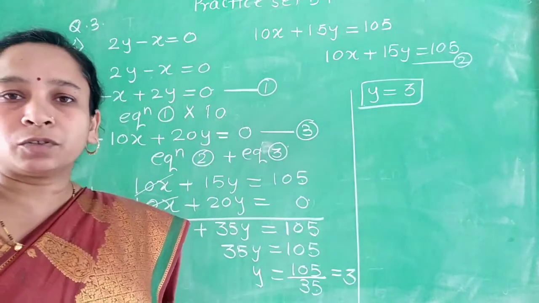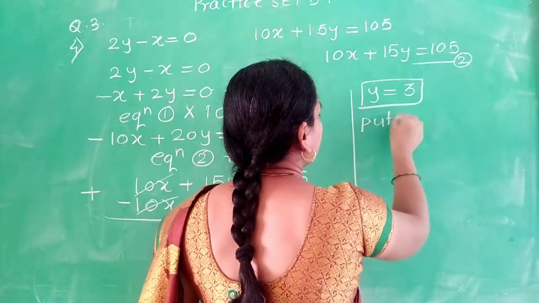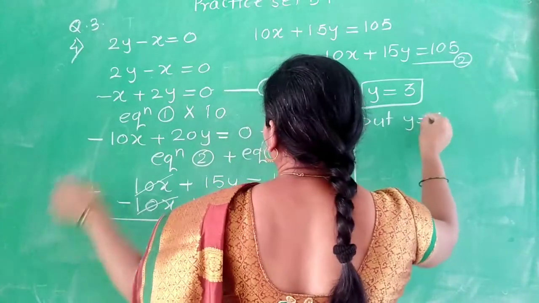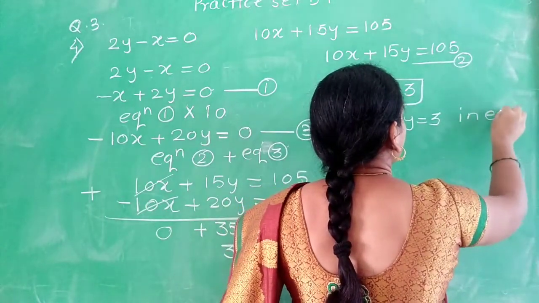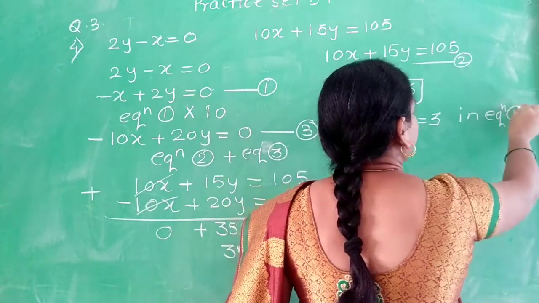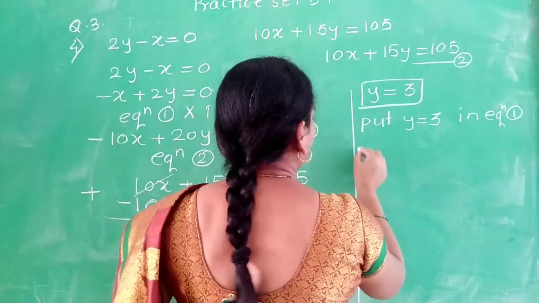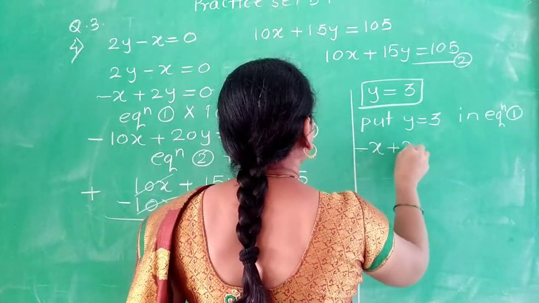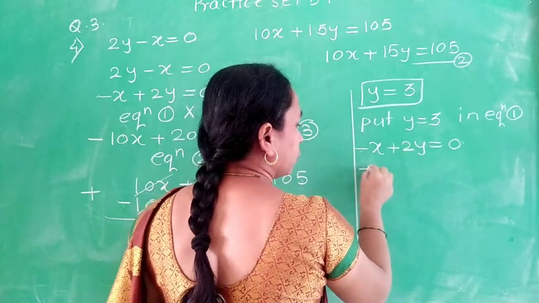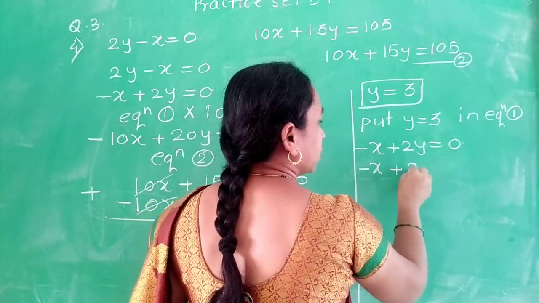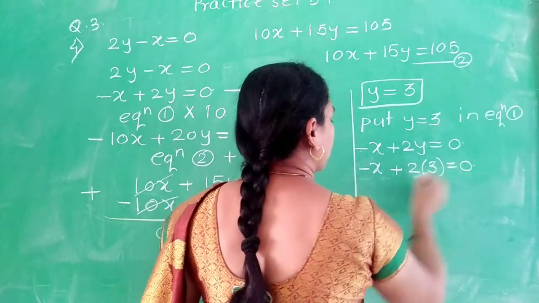Put y is equal to 3 in one of the equations. I will put it in equation 1. What is equation 1? Minus x plus 2y is equal to 0. Put the value: minus x plus 2 into y value, which is 3, is equal to 0.